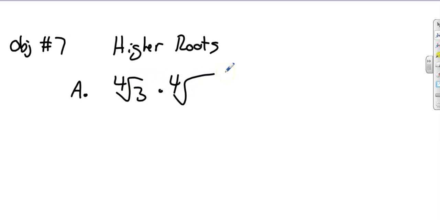So they may do something like this. They may give you the fourth root of 3 times the fourth root of 8. Okay, so you get the fourth root of 24.